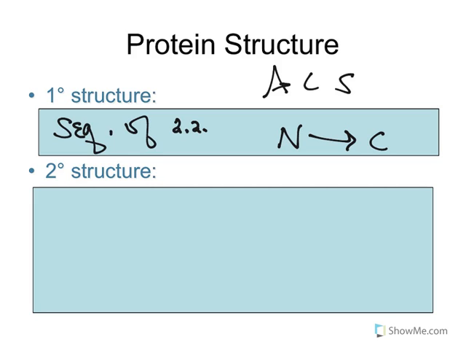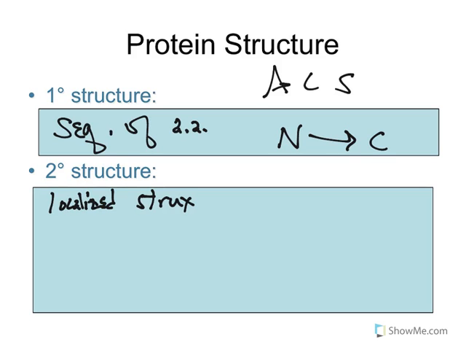Then the secondary structure is what happens when you take that primary structure, which if you just imagine it being like a bead of pearls or whatever, like a big string of amino acids, and they start to form localized shapes. Just little general localized shapes. It's one, but now this is in 3 dimensions.